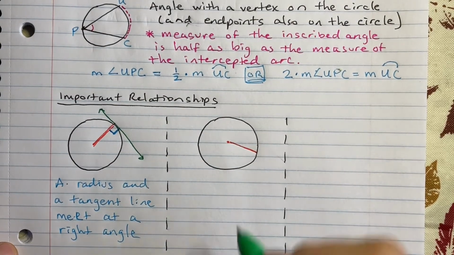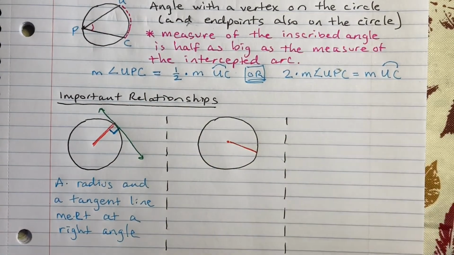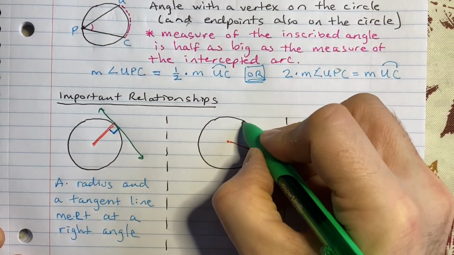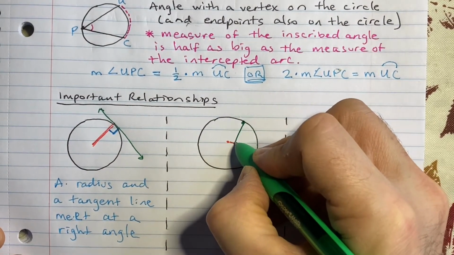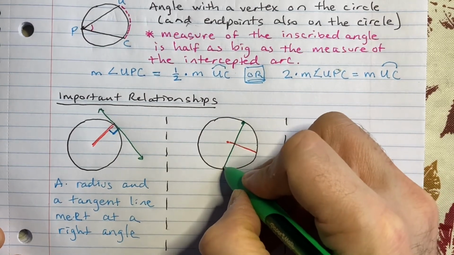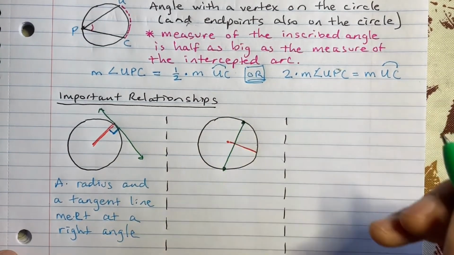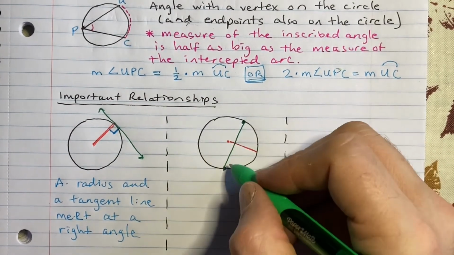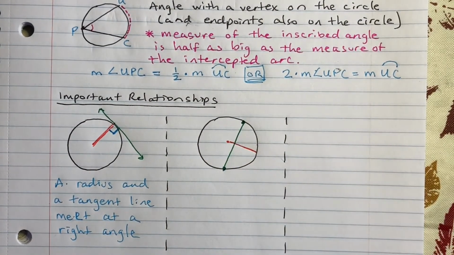And then I'm going to draw in a chord. Now I'm going to try and draw this in a very specific way. I'm going to draw the chord from this point down through the radius and then to the other side of the circle. So notice that it doesn't go through the center, but what I want to do is make sure that this chord and this radius are at a right angle, because that's the important relationship.